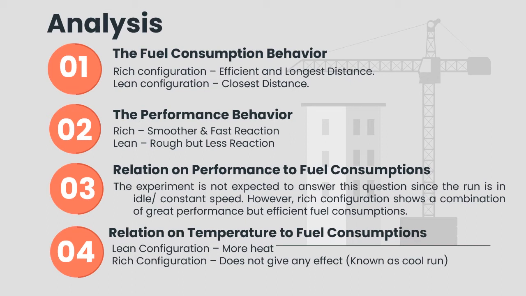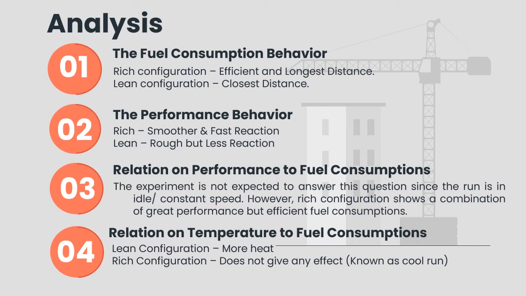And then the fourth point, for the relation of temperature to the fuel consumption: the lean configuration gives more heat to the engine, and the rich configuration doesn't have a serious impact compared to the default setting. However, these parameters are not measured directly.